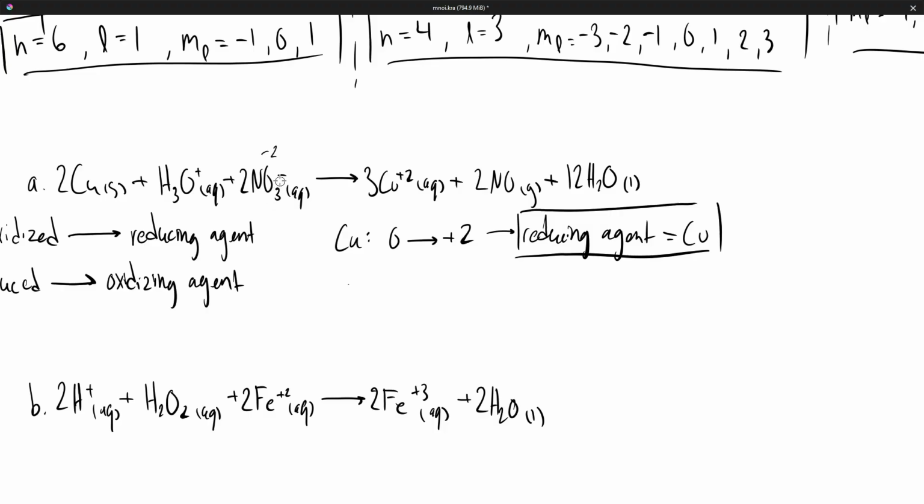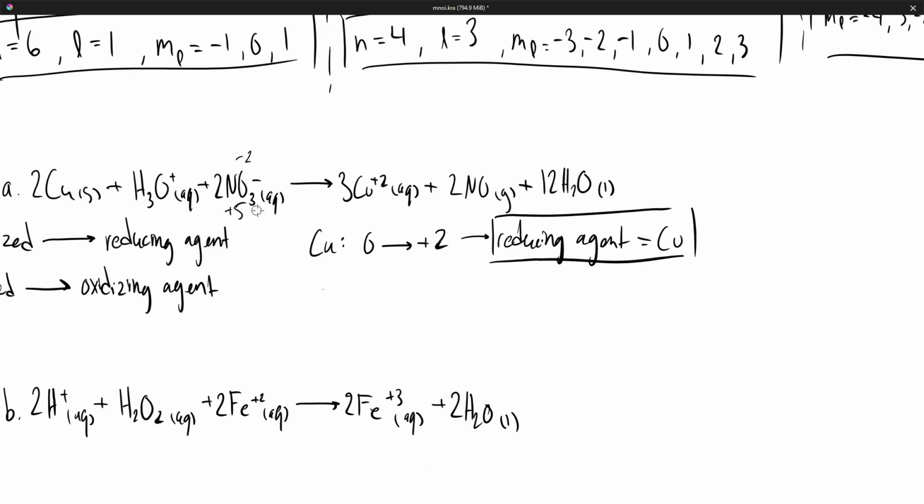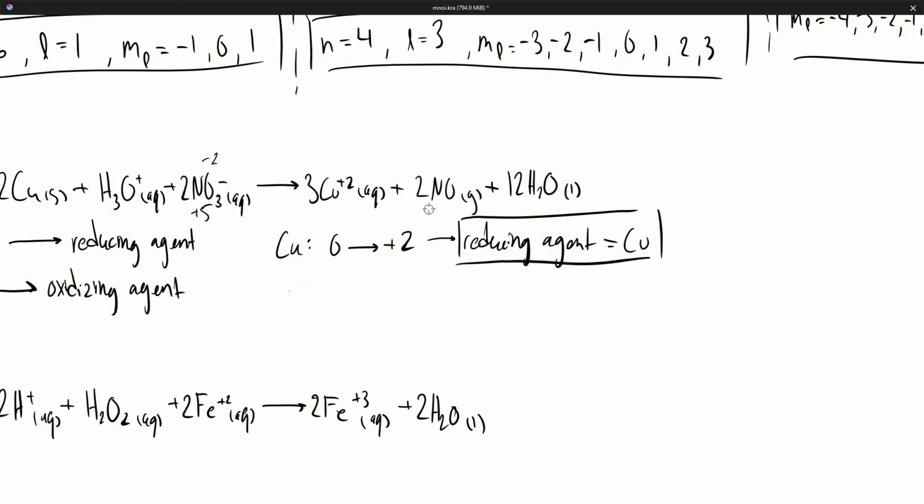So the charge on the molecule is -1, which means you want the nitrogen to have an oxidation number that reaches -1 from -6. So -6 plus what makes -1? It's +5. Okay, so nitrogen is going from +5 to just +2 here, since there's only one oxygen.